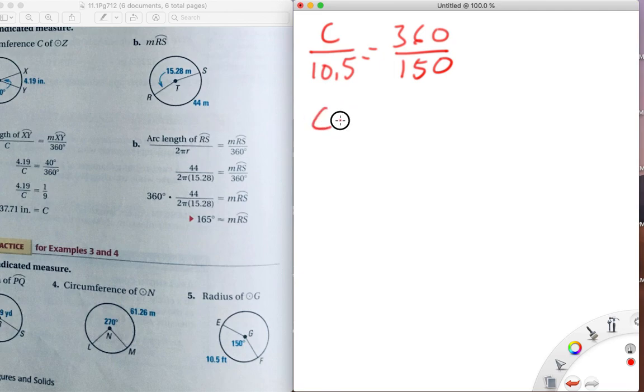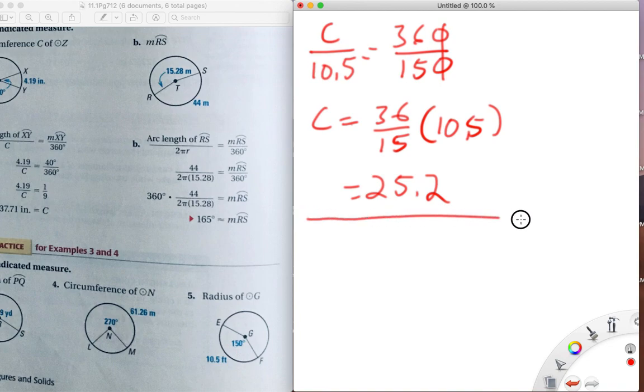So circumference is equal to 36 over 15 times 10.5. So my circumference is going to be 25.2, but this is not what they want me to find.